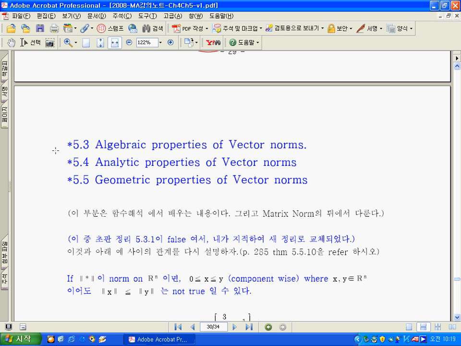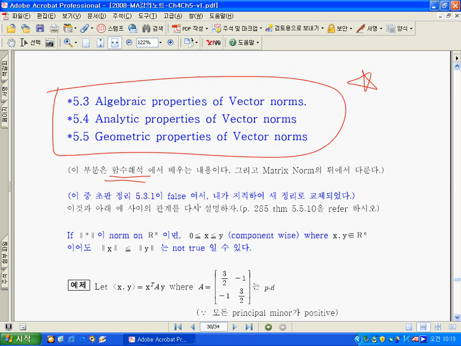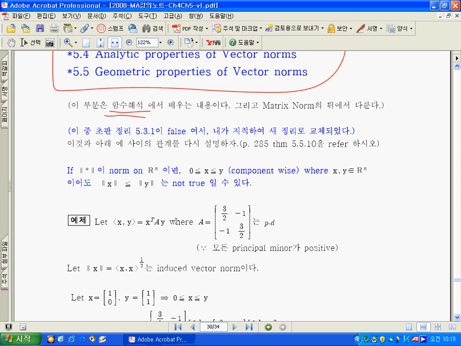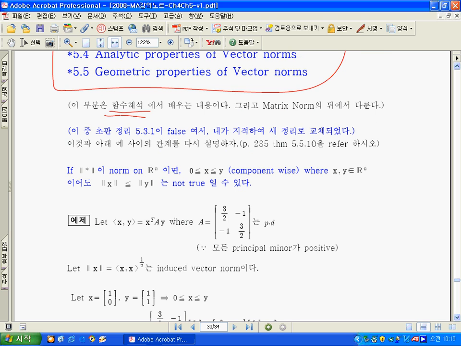Next, sections 5.3, 5.4, and 5.5 deal with the algebraic, analytic, and geometric properties of vector norms. Usually you learn this from the functional analysis class, so we don't have to cover those sections, but I will give a brief description of what is in them.